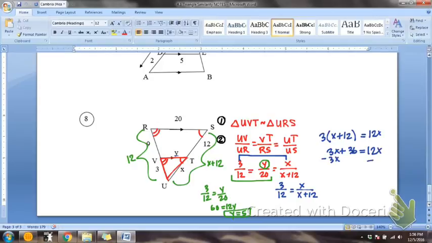Subtract 3x. 9x divided by 9. X is 4. X is 4 and y is 5. Any questions on that? Excellent.